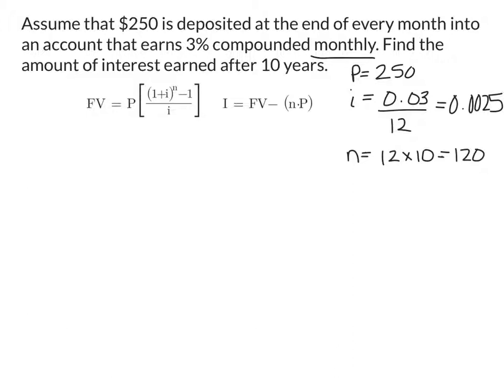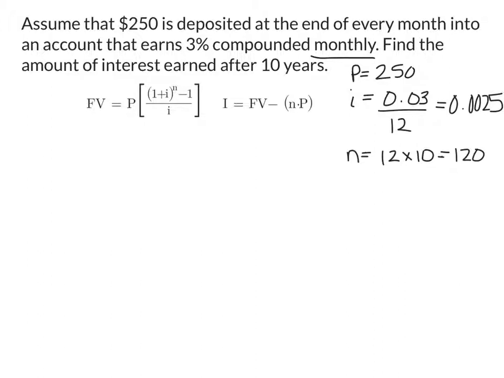And we get 0.0025. N is the total number of compounding periods. So that's the number of times it's compounded, which is monthly, and that equals 12, and we're multiplying it by the number of years, which is 10. So N is 10 times 12, which is 120.